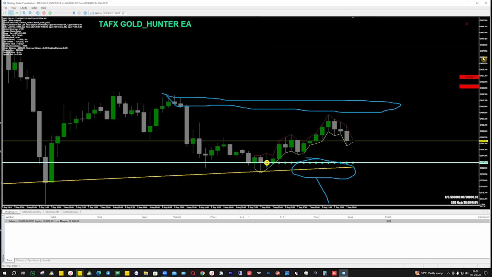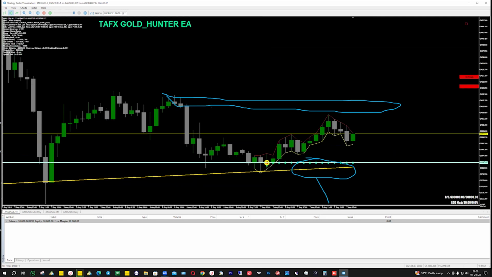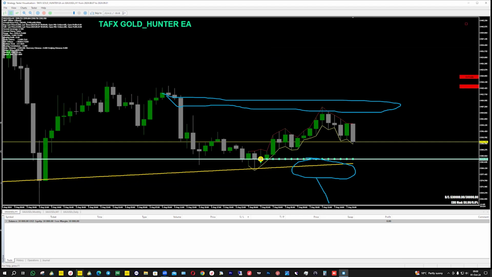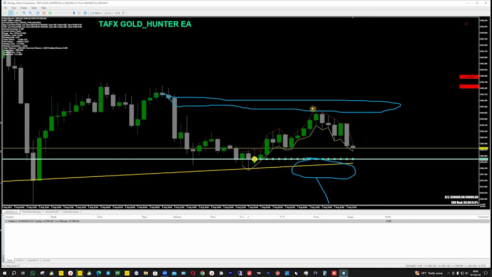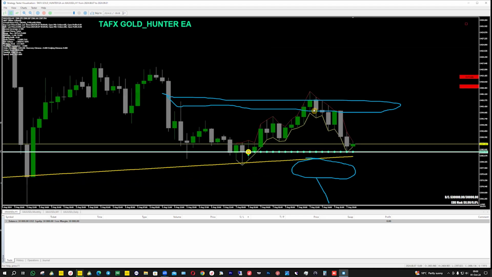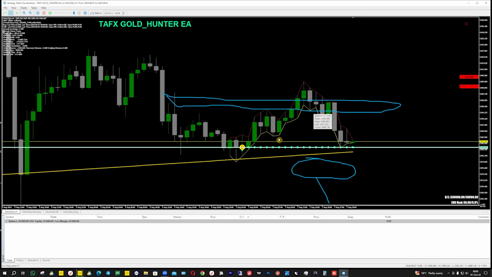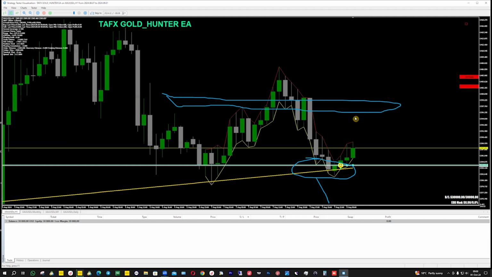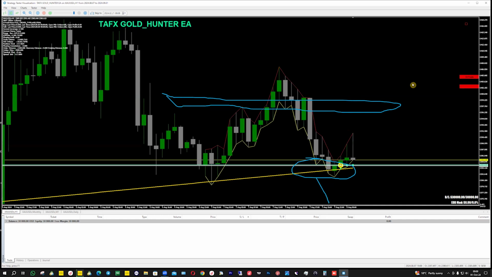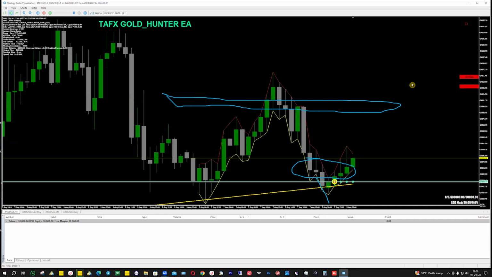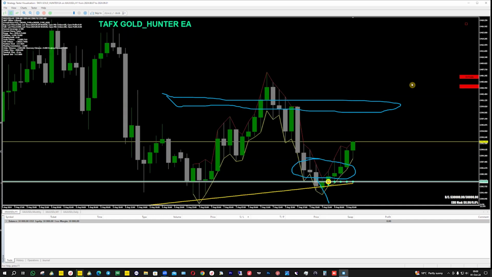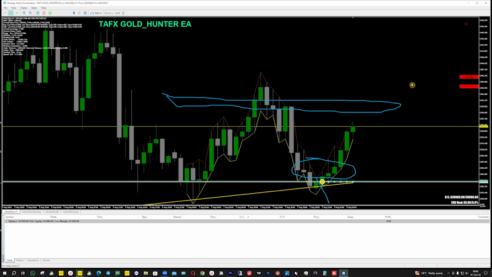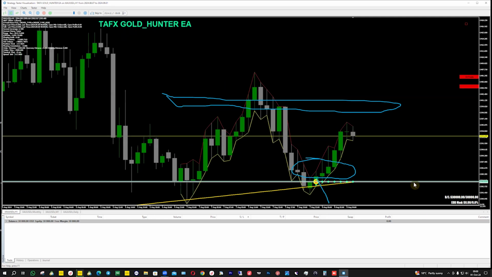So let's see how it will be working again, because it is good to understand that we are waiting for the EA to break this internal structure. You can see now we don't have any position here. We don't have any trade here until the EA breaks. And that means it is a confirmed buy trade. A very confirmed one, because everything is confirmed.